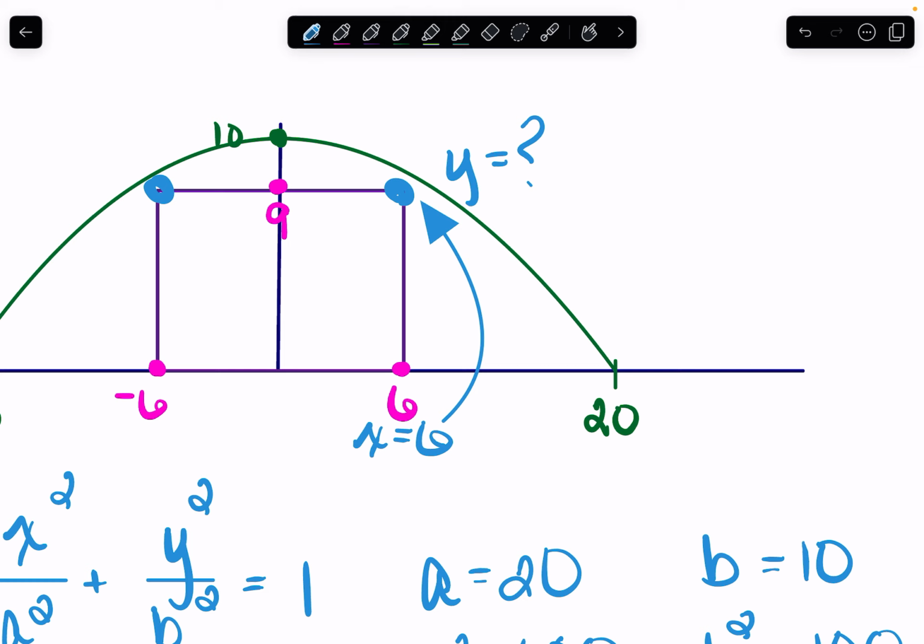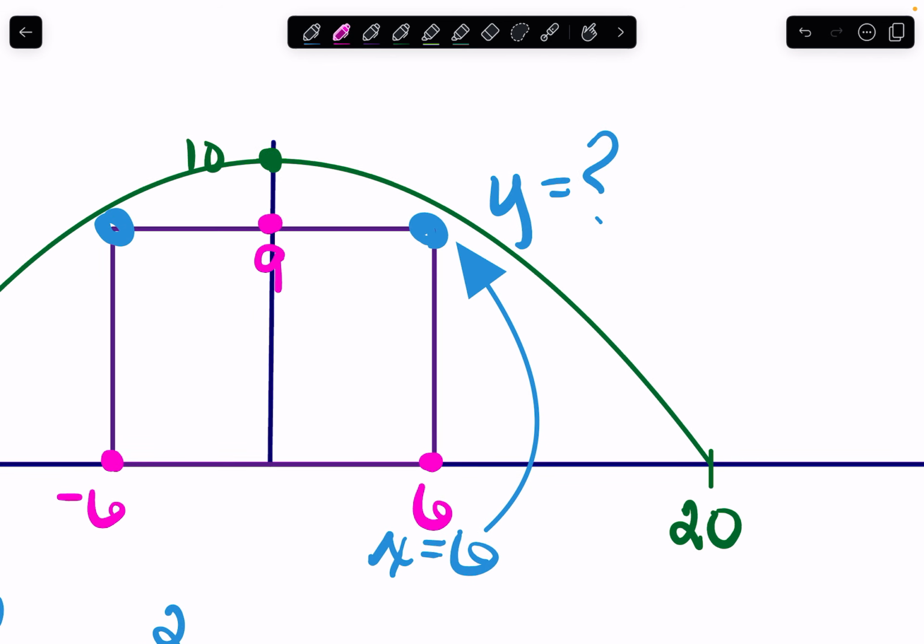We're going to plug in 6 for x and solve for y, and that will give us the y value of that point so we can see if it's going to be above the top of that coordinate or below. So we know this point right here is going to be (6, 9). What we're trying to find is this one right there. And as long as that y value is bigger than 9, the truck's going to clear the archway.